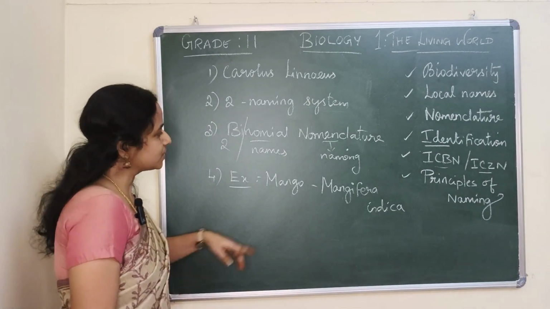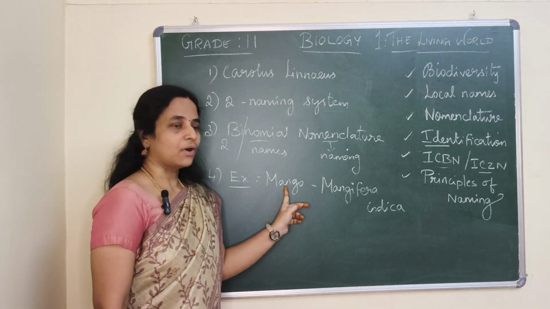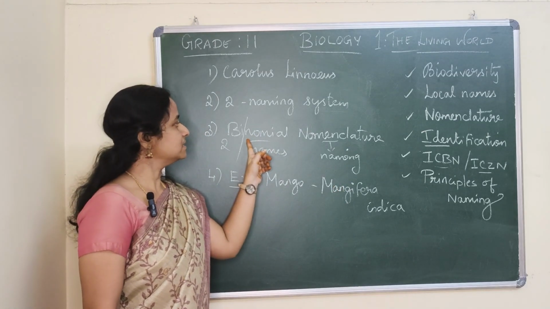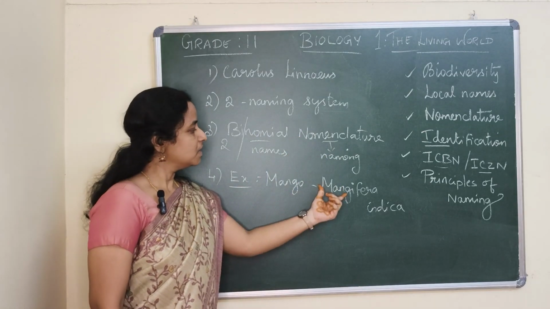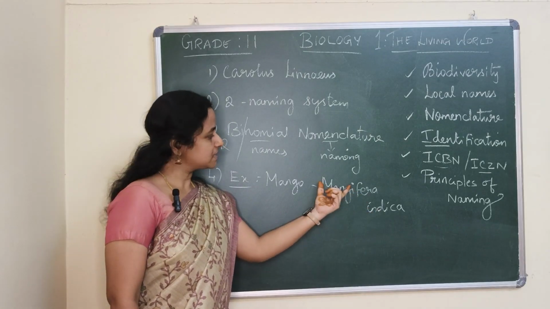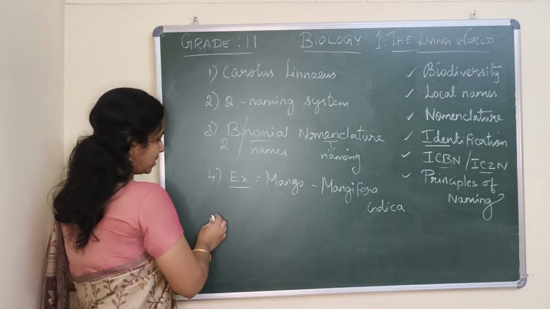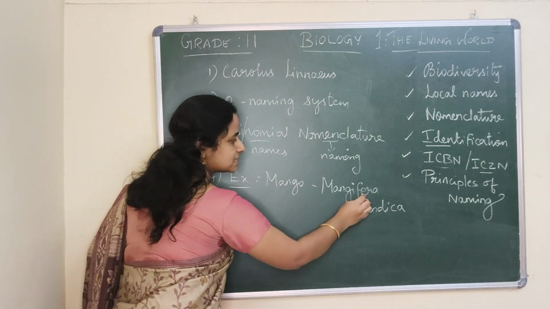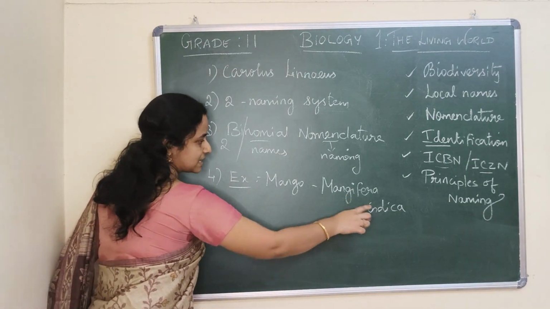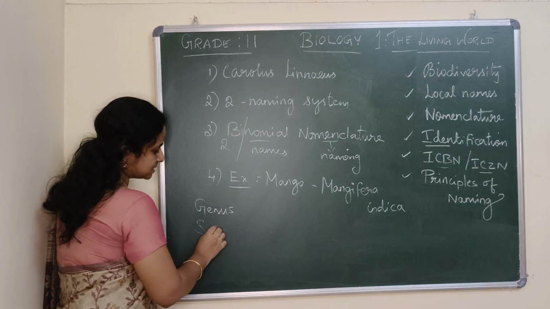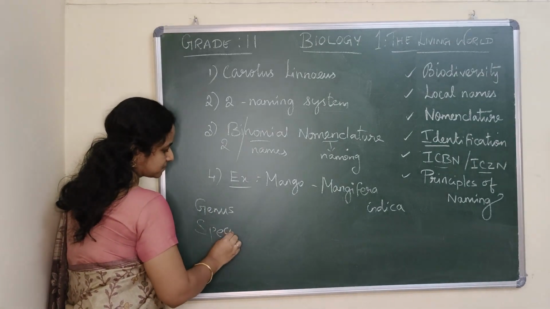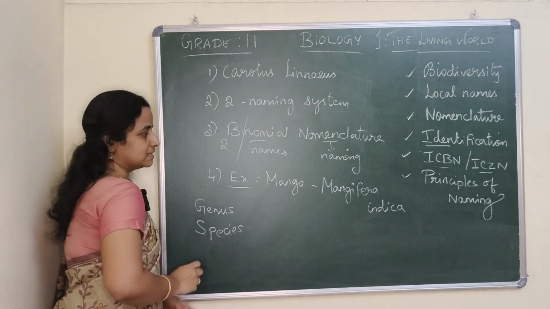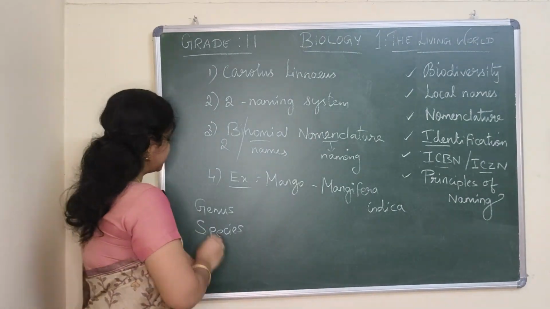I told you any living form will have two names, right? So you call this naming system as the binomial nomenclature. So when you write these two names, the first name you call it as genus. So the first name is genus and the second name is species.